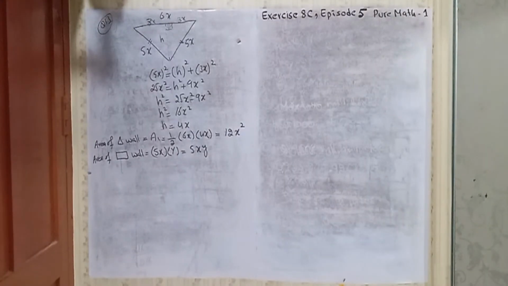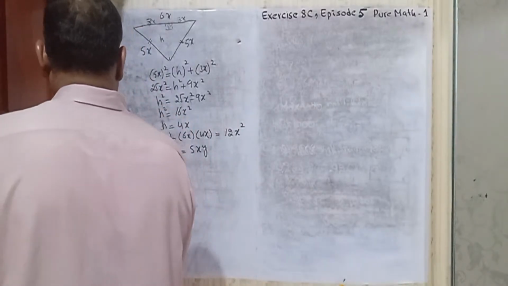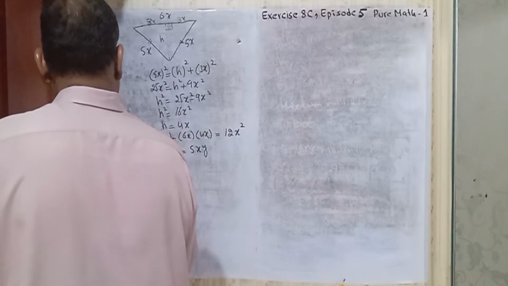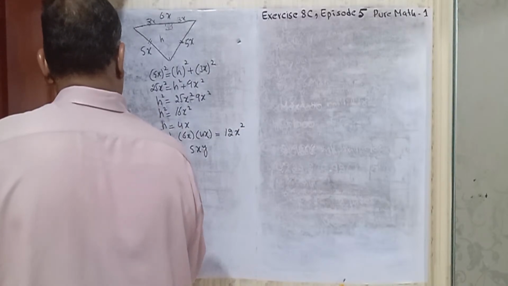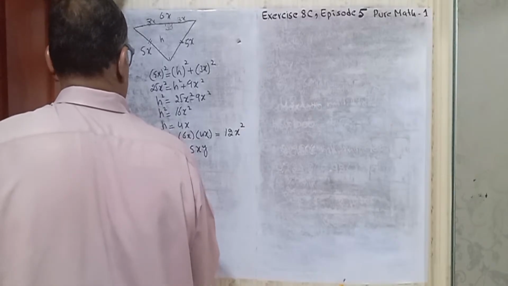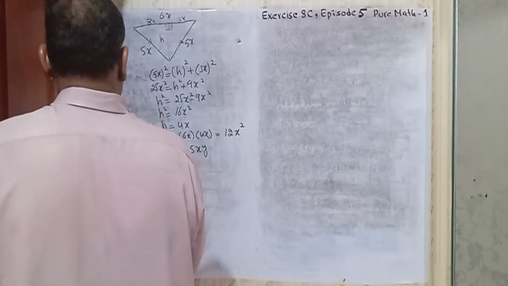So the total surface area, I mean the area of the metal, equals 2 times area 1 plus 2 times area 2. Let me call this area 2.